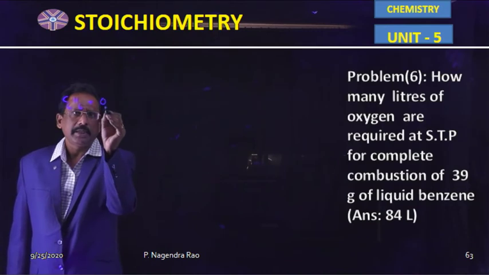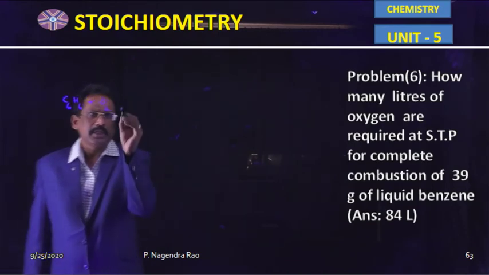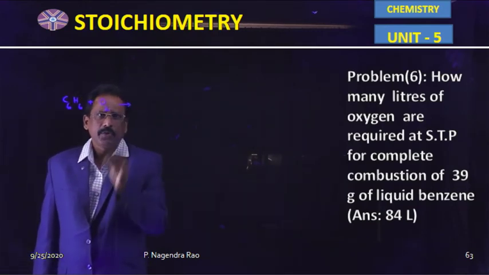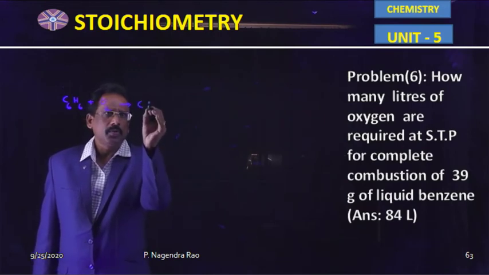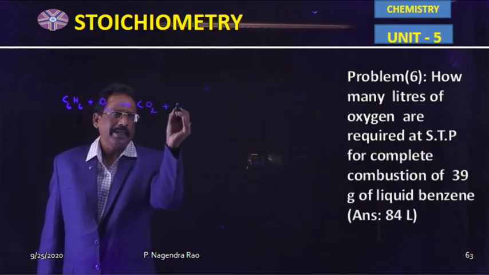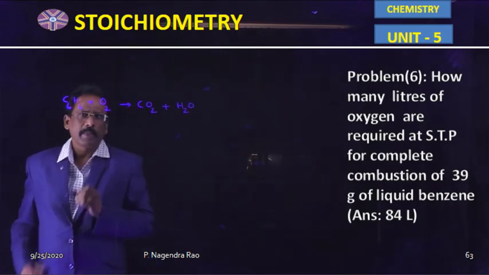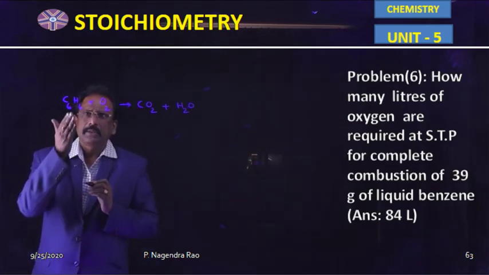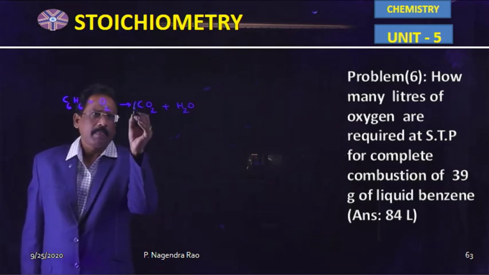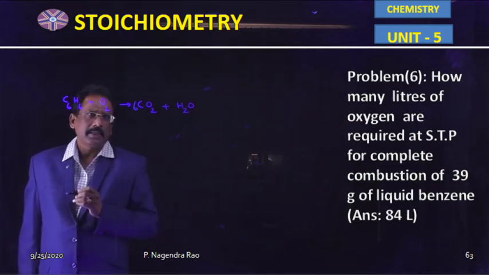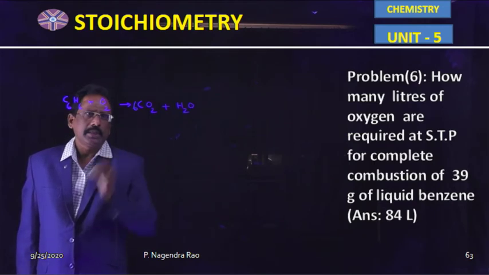Combustion means heating with oxygen, to produce CO2 and water. There are 6 carbons here, that's why 6 CO2.